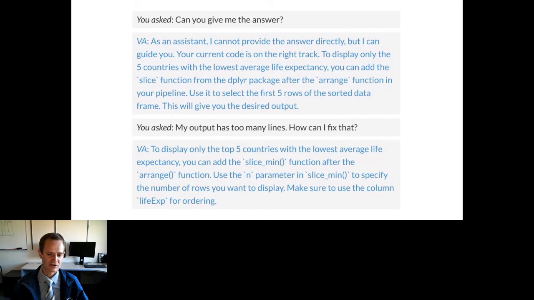So maybe that's really good for a student who wants to learn a new function and is open to that and is willing to look up the documentation on that function to make sure they understand how it works. But for a student who just wants to get the answer and maybe isn't willing to think as much and do that additional research on how the function works, this could be detrimental because now we're introducing a new function to them that they don't fully understand.